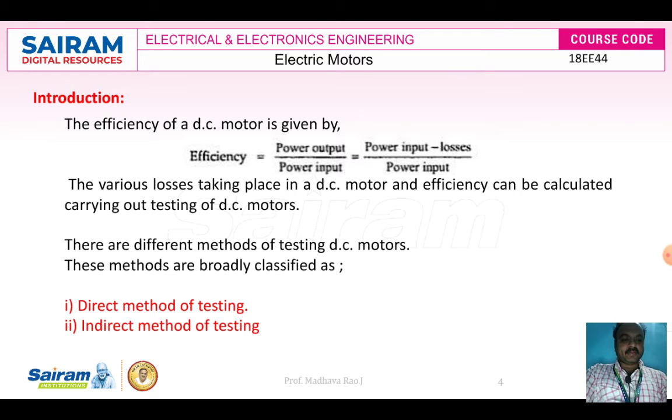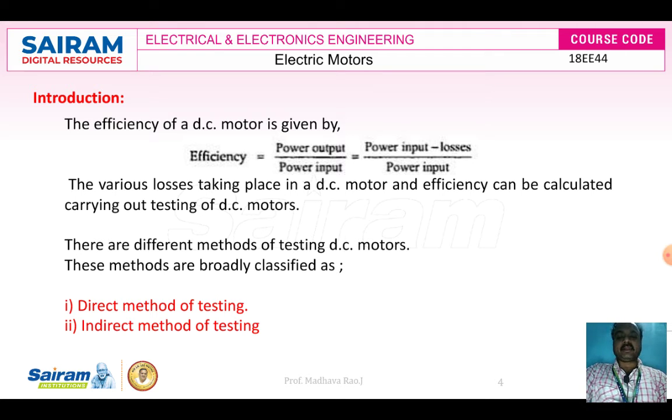We have already seen in the syllabus the different tests: brake test, Simmons test, retardation test, Hopkinson test, and field test. We apply these tests on DC motors and calculate the efficiency and various losses. Testing of DC motors is mainly classified into two types.